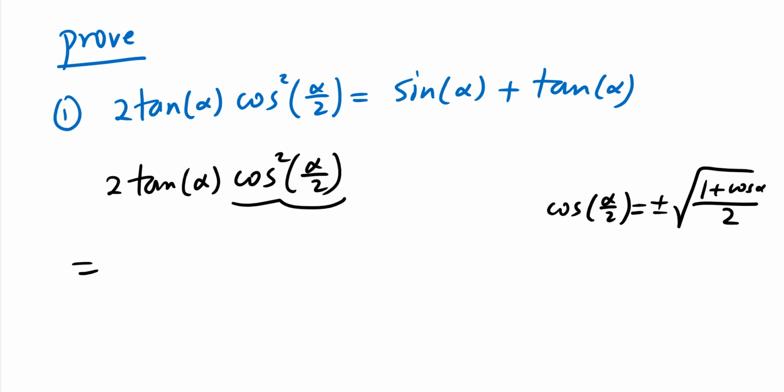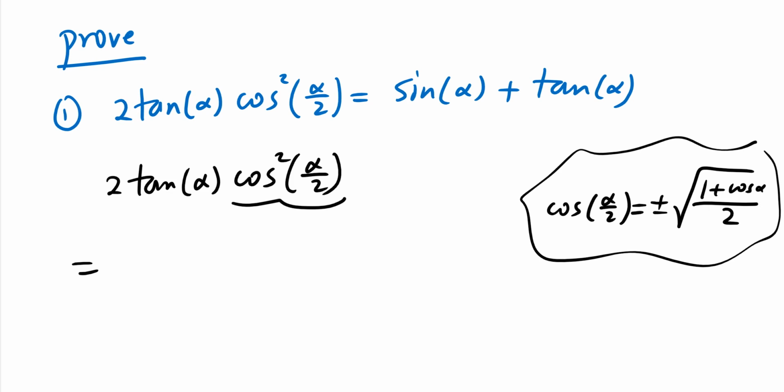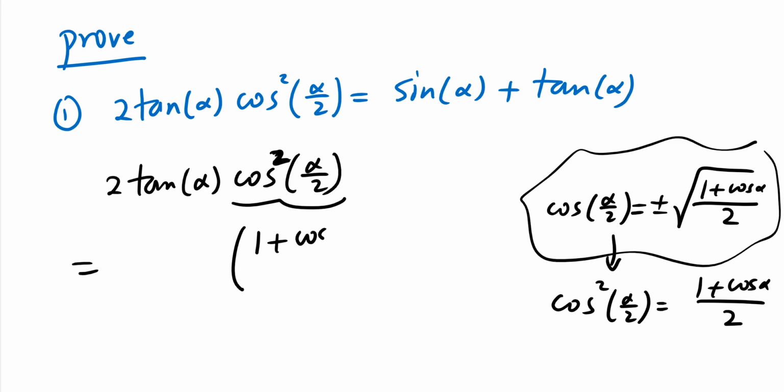That's the one that we proved today, right? But they are saying cosine square. So if you square both sides, what do you get? Cosine square alpha over 2. That will make the plus or minus go away, and that will cancel the radical sign. That will give us 1 plus cosine alpha all over 2. So I can replace this with 1 plus cosine alpha all over 2, and we still have 2 tangent alpha.